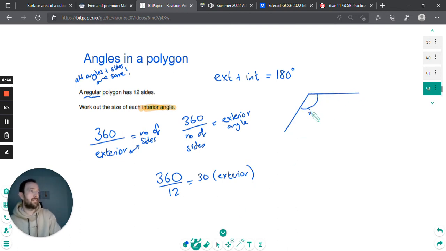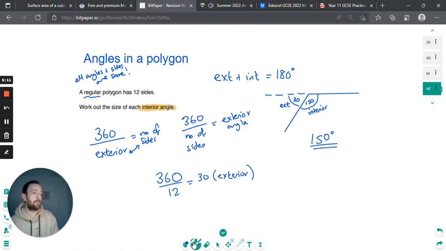This is what we call the interior angle, the inside, and the exterior will always continue the line like that and make 180 degrees, like angles on a straight line equal 180 degrees. Okay, this would be your exterior. So if this is 30, 180 take 30, this must be 150. So the size of the interior angle is 150 degrees.